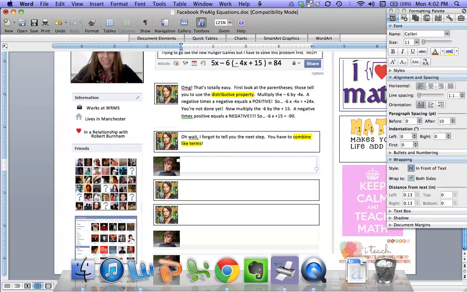So he might say, to combine, let's see. Combining like terms means all the x's go together and all the regular numbers go together.